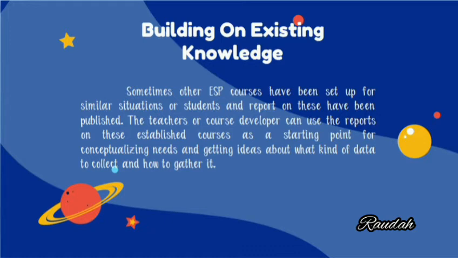Building on existing knowledge is the concept that all students arrive with some knowledge even if the subject is completely new. Linking existing knowledge with new information makes learning easier and faster. The essence of building on existing knowledge is to reduce the amount of new and isolated content that students are required to learn.